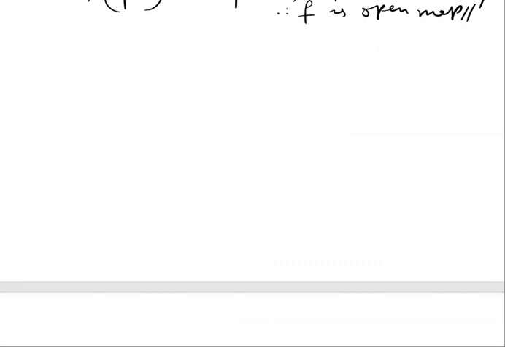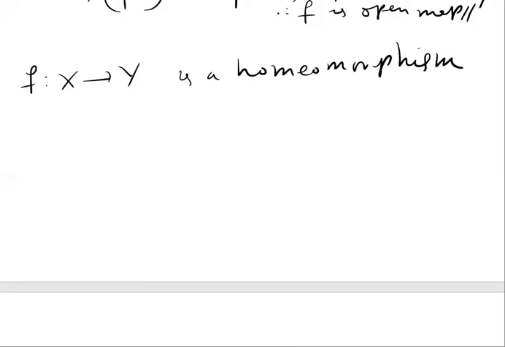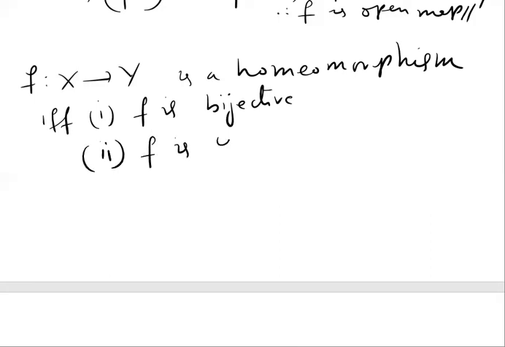A function from X to Y is said to be a homeomorphism if and only if, number one, f is bijective; second, f is continuous; and third, f inverse is continuous.